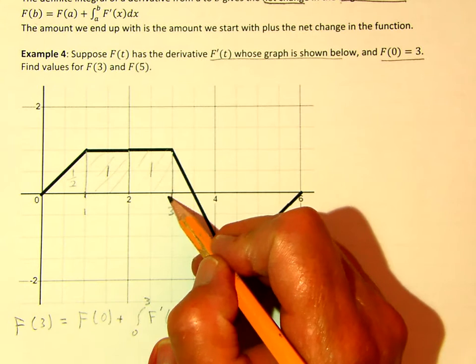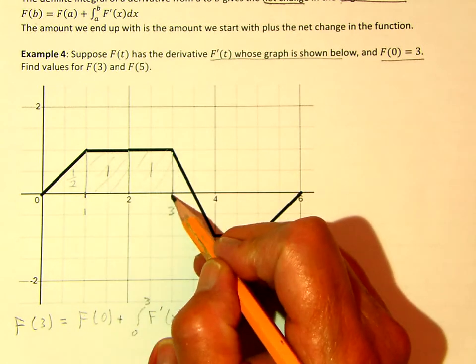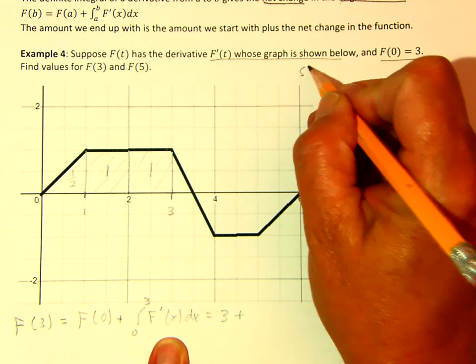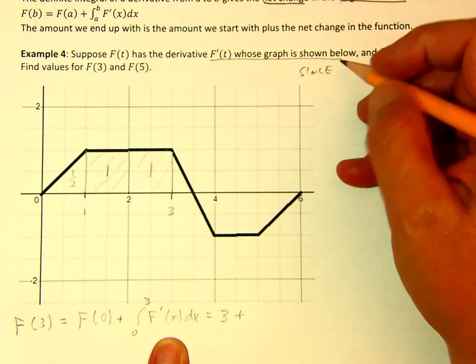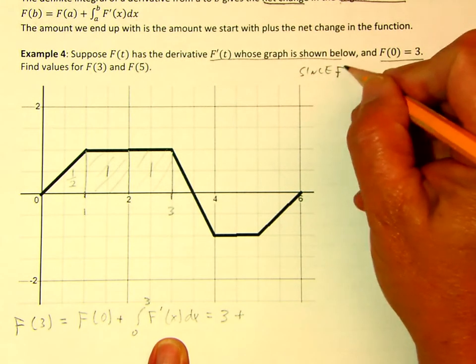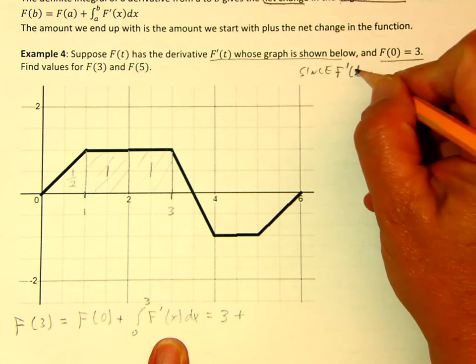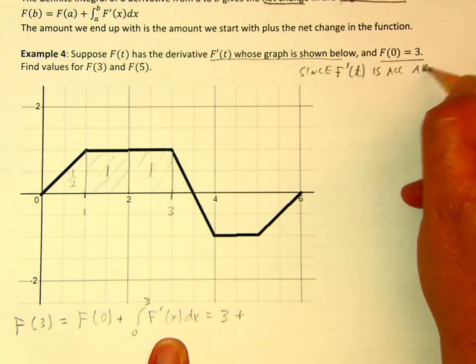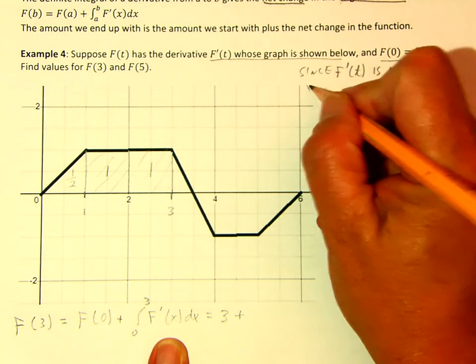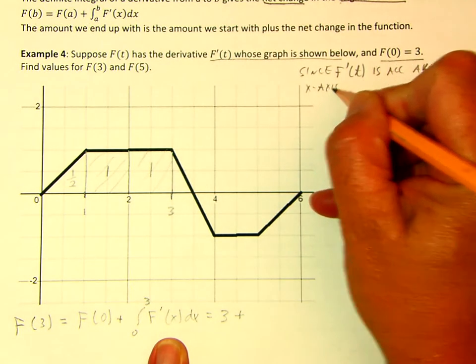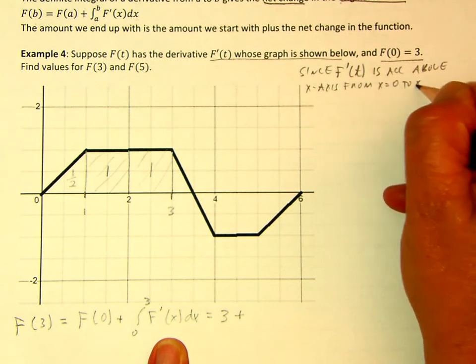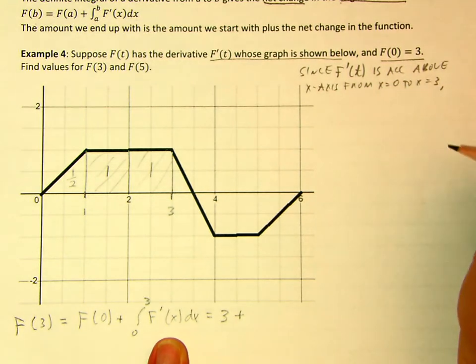So I can see that this is a trapezoid. Since the graph is all above the x-axis from x equals 0 to x equals 3, I know that I'm going to have all positive area.